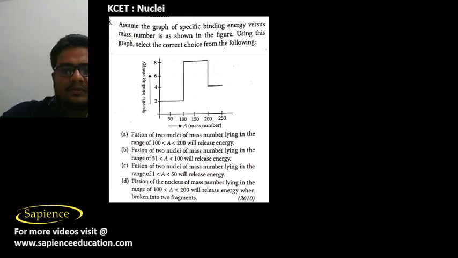The graph of specific binding energy versus mass number is as shown in this graph. Specific binding energy means binding energy per unit nucleon.